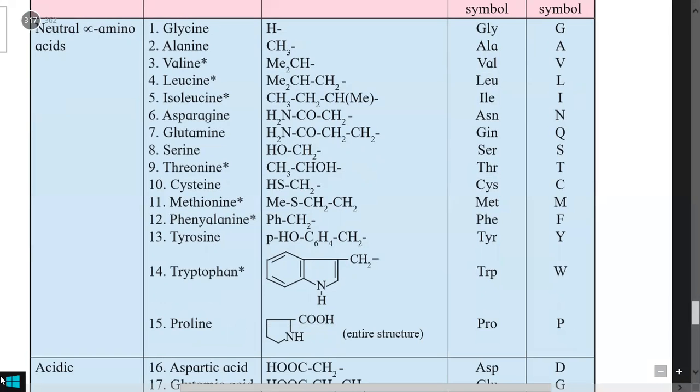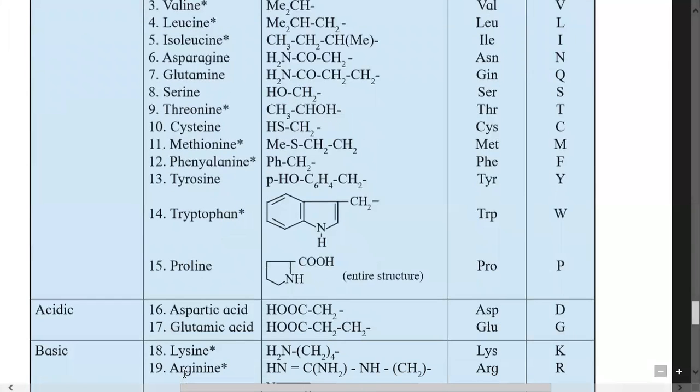It is again an essential amino acid. The R group is a benzene ring bonded with a 5-membered heterocyclic ring with nitrogen, that is, an NH group, and a CH2 group. The symbol is TRP and the one-letter symbol is W.